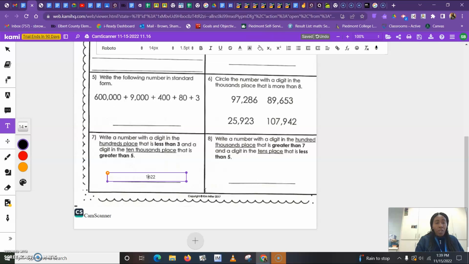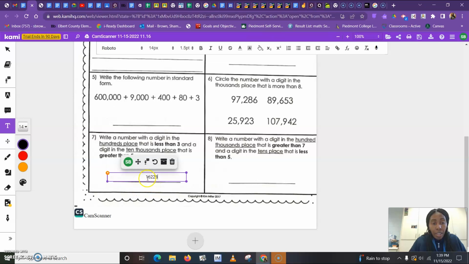So I need a number in front of that. And so I'm making up my number. Let's see. It says hundreds place that's less than 3. So if I look at my hundreds place, I have a 2, so that's less than 3. And a digit in the 10,000s place that's greater than 5.